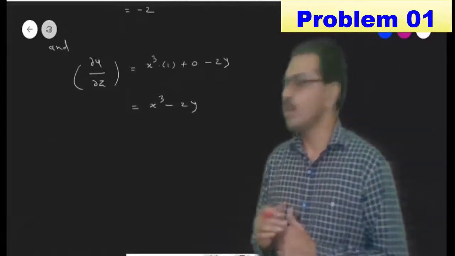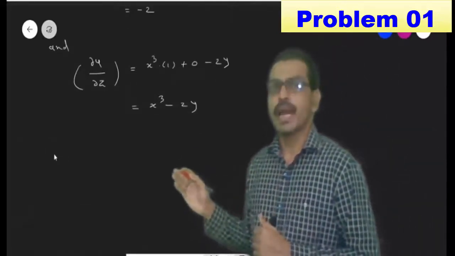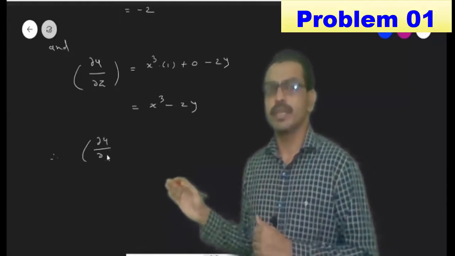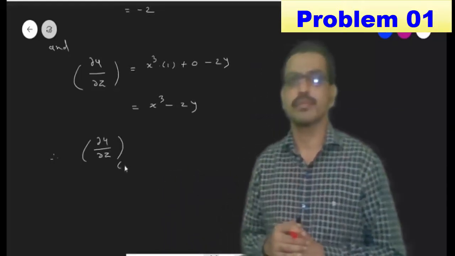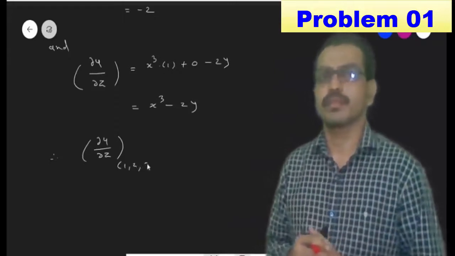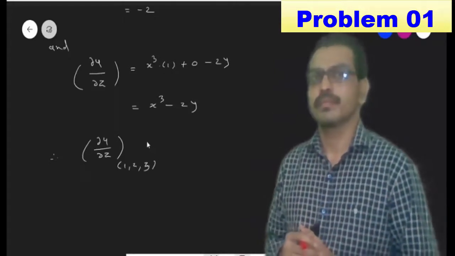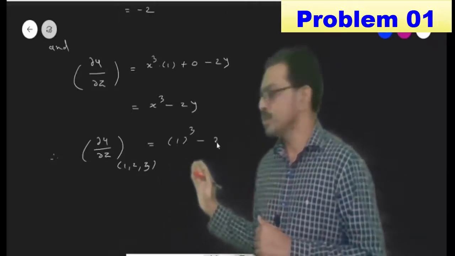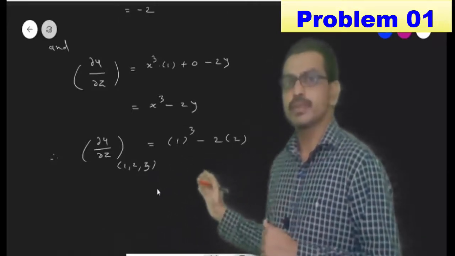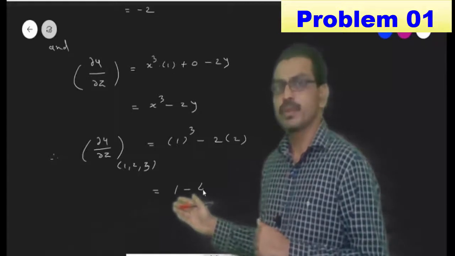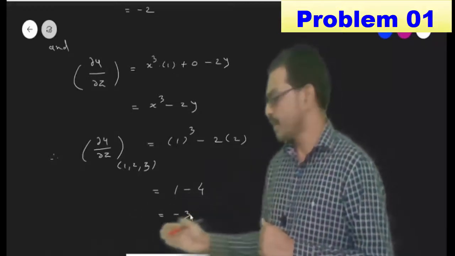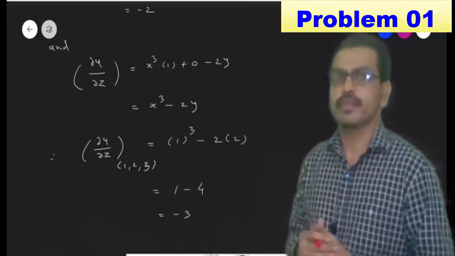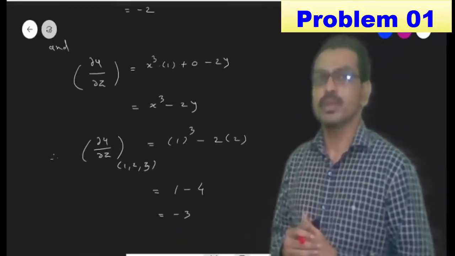Therefore, the value of ∂u/∂z at the point x = 1, y = 2 and z = 3 is: put x equal to 1, that is 1³, minus 2, put y equal to 2, then this is equal to 1 − 4. Therefore, ∂u/∂z is equal to −3. This is the required solution of this problem.